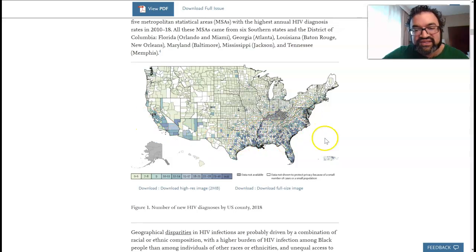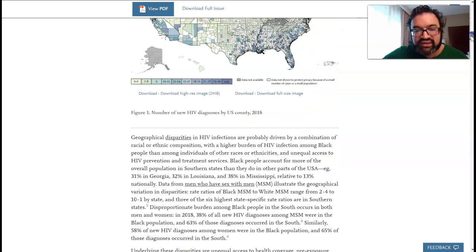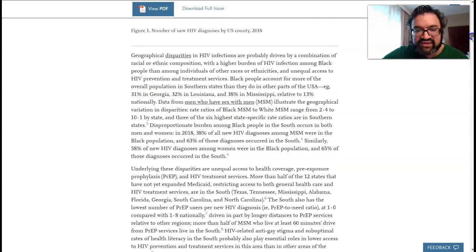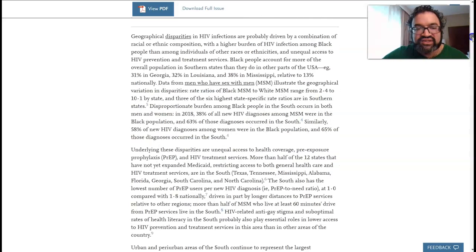All around the South you see more, but also in the north there are pockets in Pennsylvania as well, New York. So geographical disparities in HIV, that's another area of epidemiology.